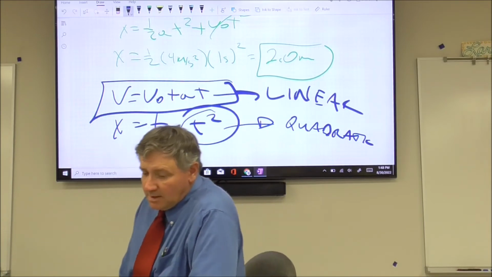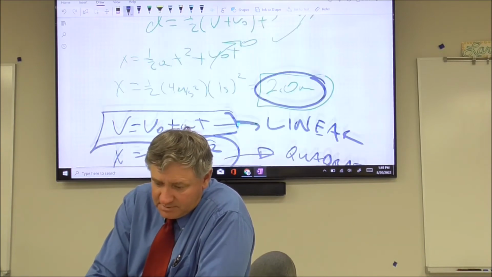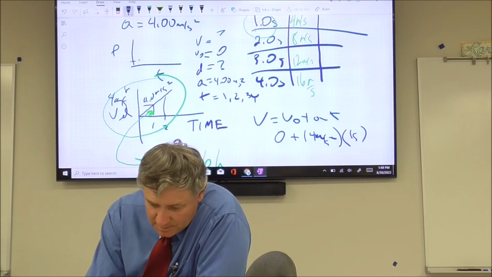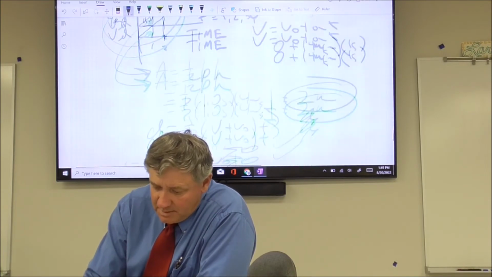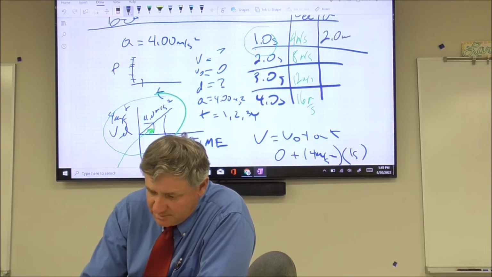Okay? So at the end of 1 second, I went 2 meters. So if I come back up, way up here to this graph, at the end of 1 second, I had gone 2 meters.